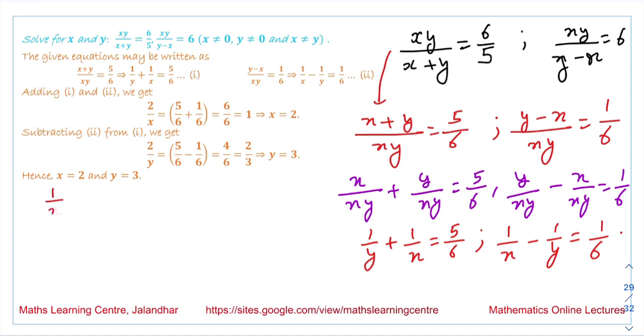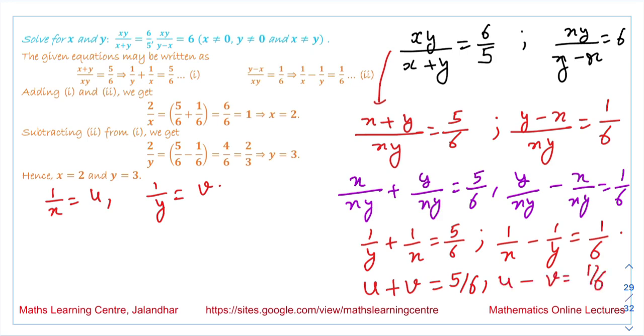We are substituting 1 by x is equal to u and 1 by y is equal to v. So this equation will become u plus v is equal to 5 by 6, and u minus v is equal to 1 by 6. When you add these two equations, you will get 2u is equal to 1.